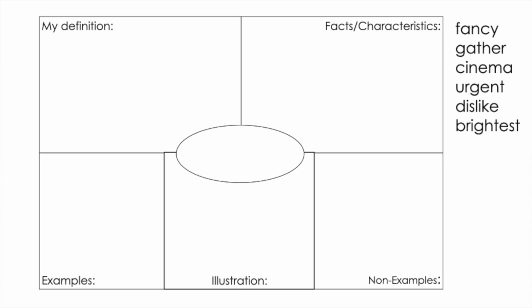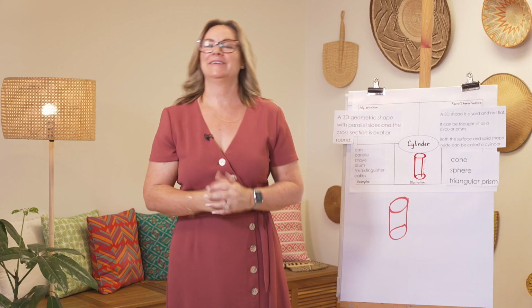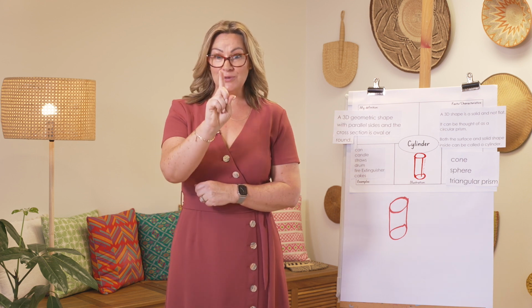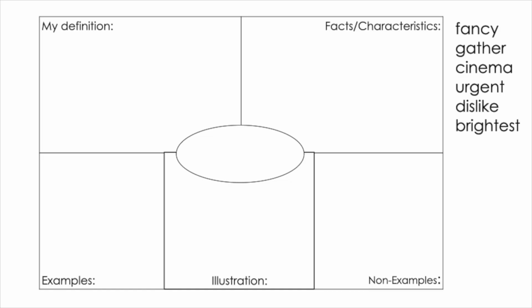The words are fancy, cinema, urgent, gather, dislike, or brightest. Oh, that's that est morpheme that we had last week. Choose one of those words and create your own Freya card.